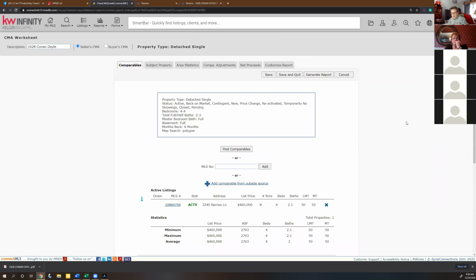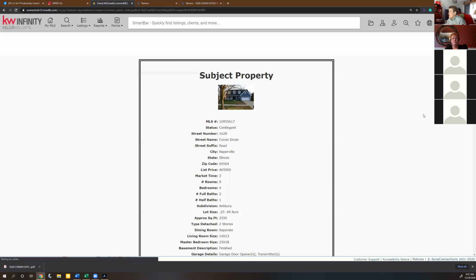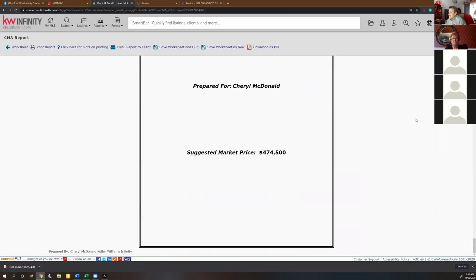Okay, so I've eliminated those properties that I think might fall outside of the boundaries of what we really want to check. So now again, I'm going to go back and generate that report. I'm going to scroll all the way to the bottom and look at the price. Didn't drop much, did it?